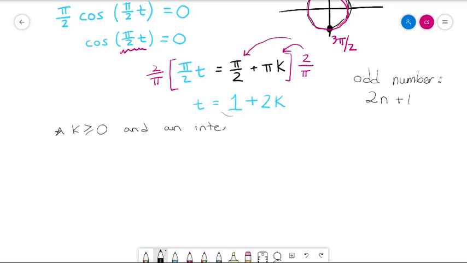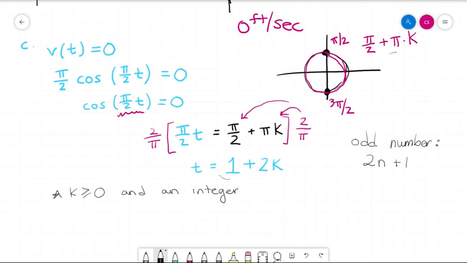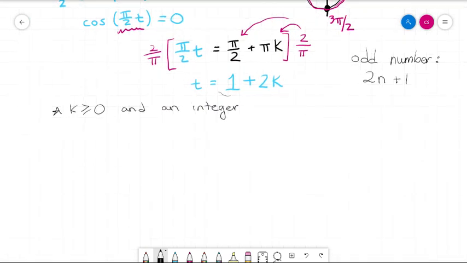The reason k is an integer came from our graph up here, when we were figuring out what was going to land us on the pi over 2 and 3 pi over 2 marks. So t is a positive odd integer.